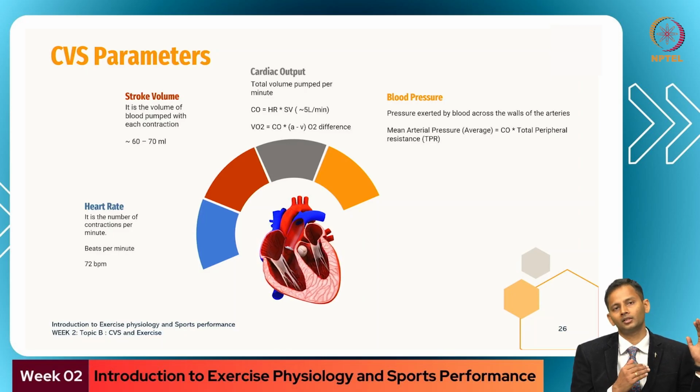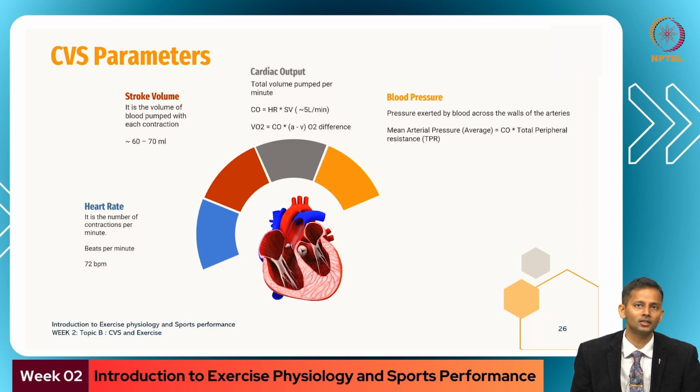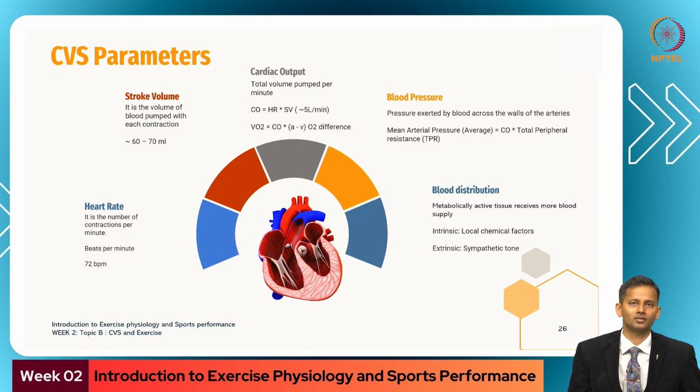So when you take an average of this, it is called the mean arterial pressure, which is given by cardiac output and the total peripheral resistance. So obviously the pressure is determined by the cardiac output, the amount of blood that is ejected by the heart over a minute, and the resistance that is offered at the level of peripheral tissue, that is called the total peripheral resistance.